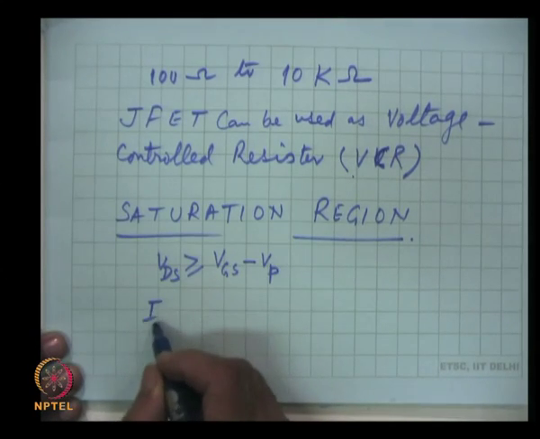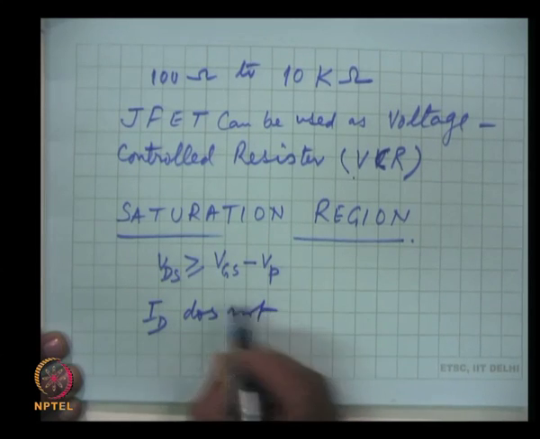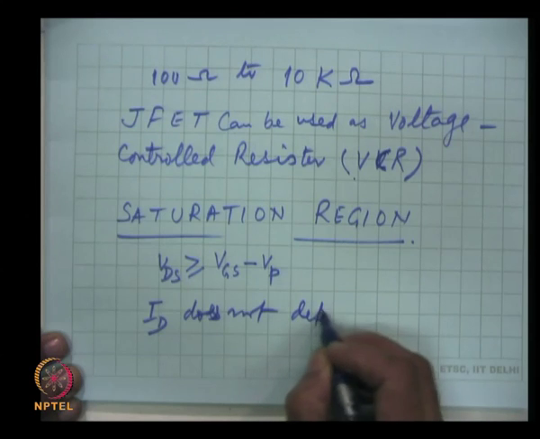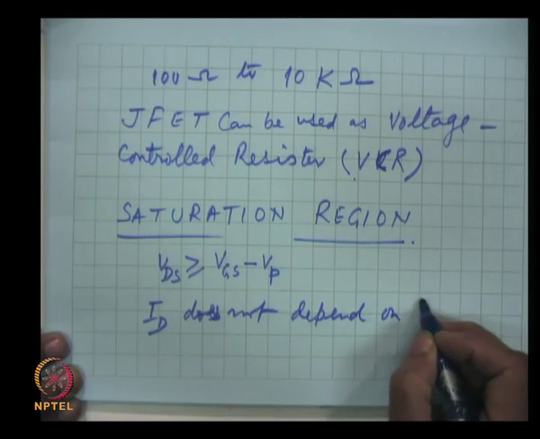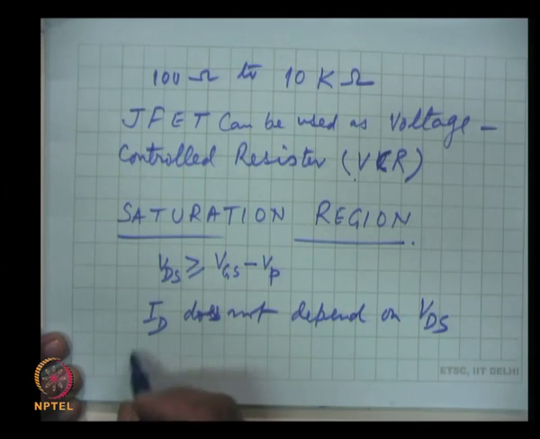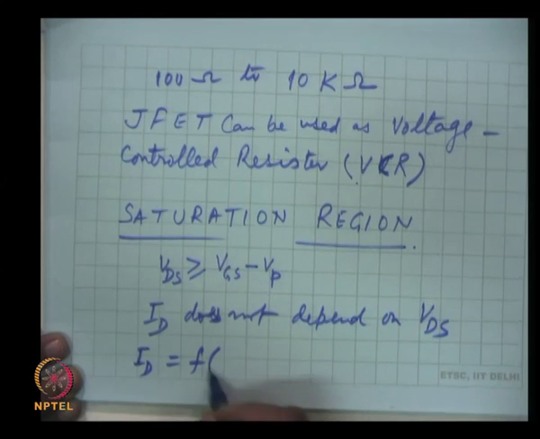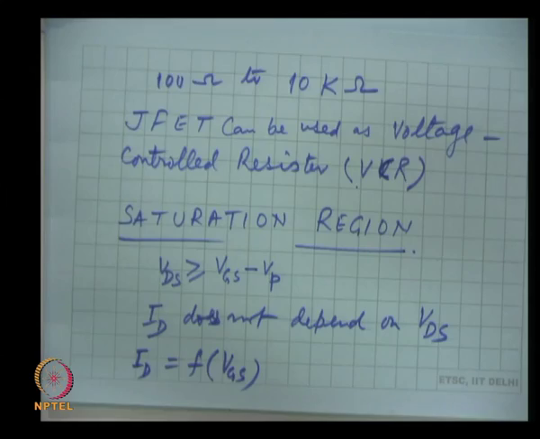Drain current ID does not depend on the drain source voltage VDS, but it is a function of VGS, the gate source voltage.